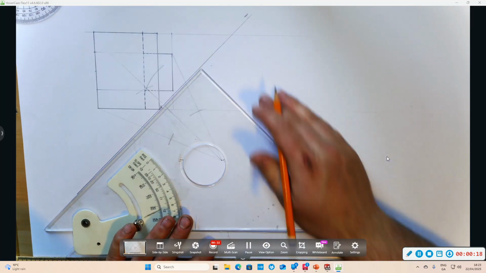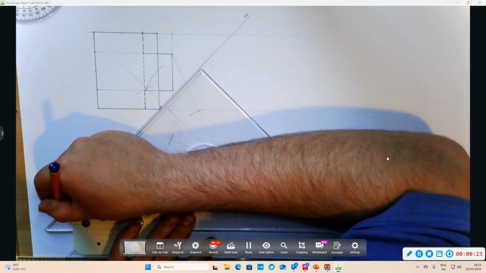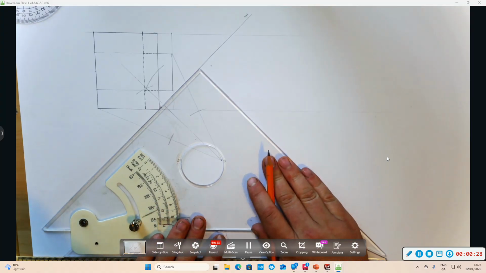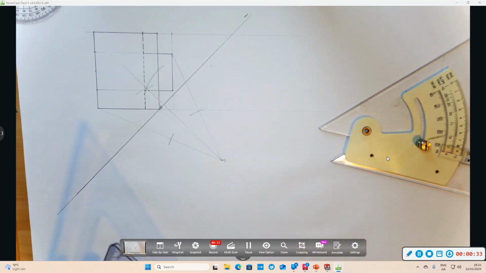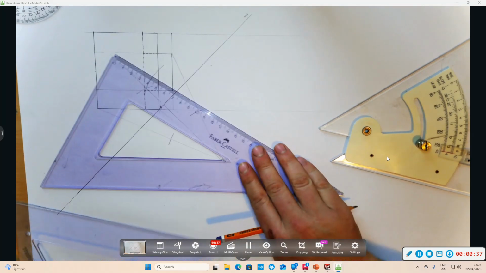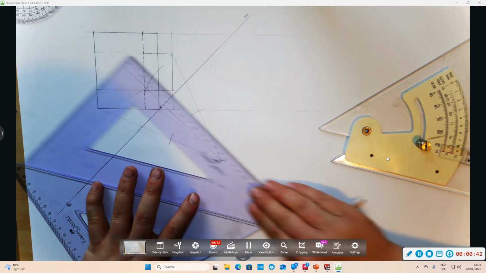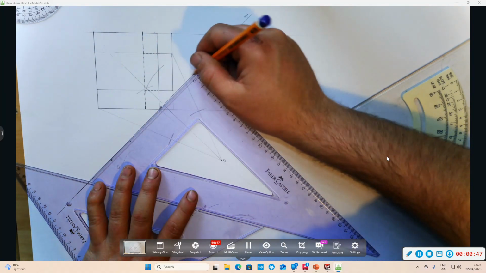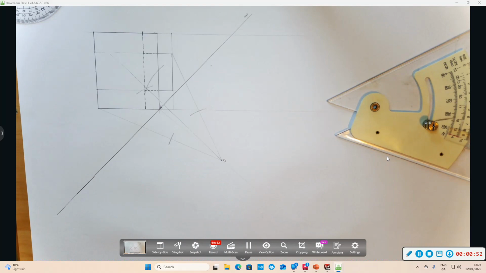Now you can use your sliding set squares if you want to do it either way. So you can line up your set squares like this and slide it down.